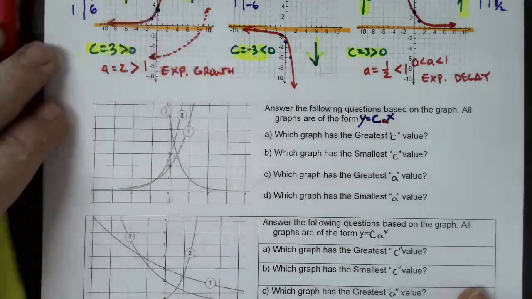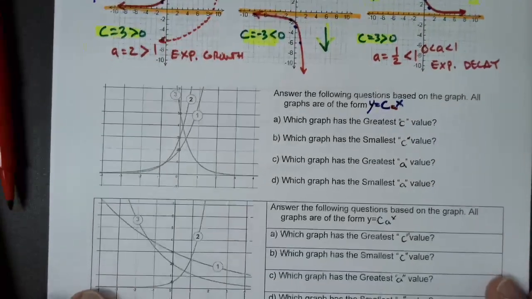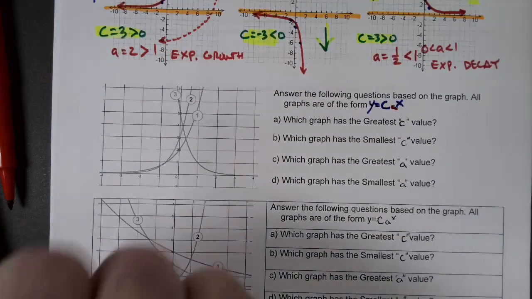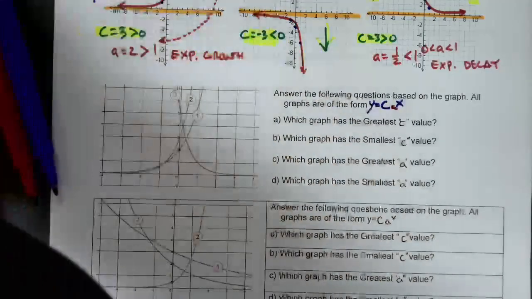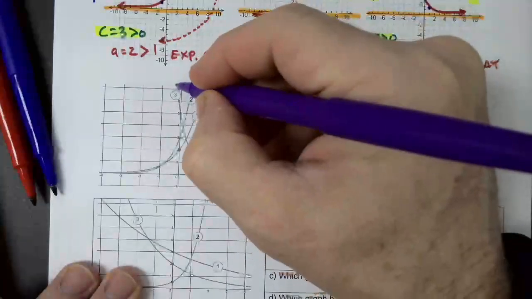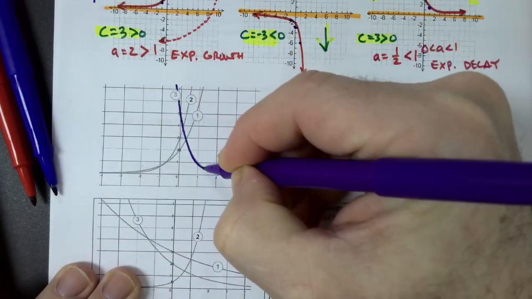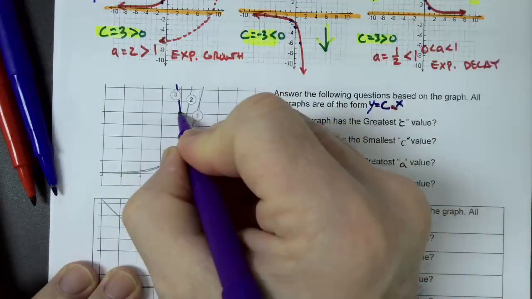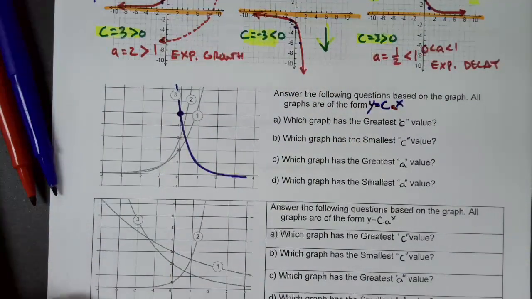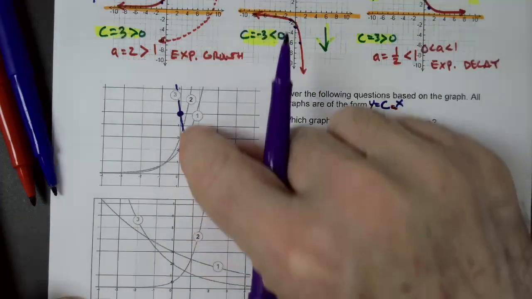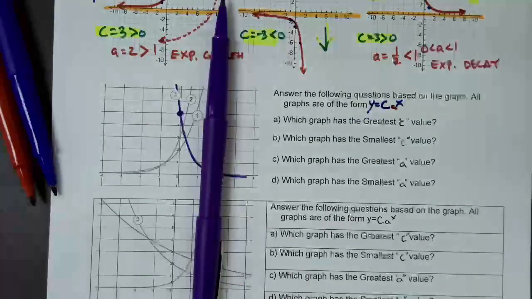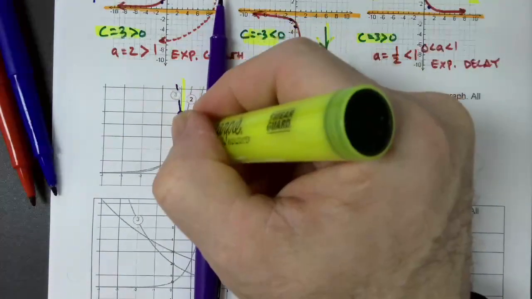Well, here's the easiest way to find our c values. Take each one of these curves, and we'll look at this one right here first. You'll see that it intercepts the y-axis, this axis right here.